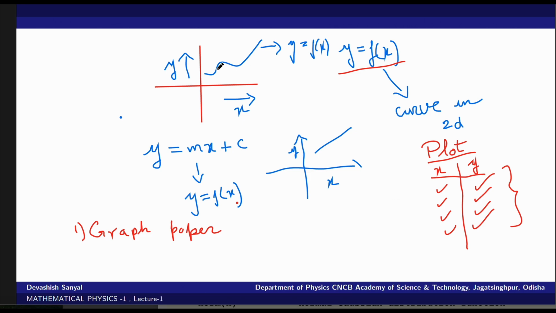You may get something like this. So you have got a plot. But nowadays we don't use graph paper, this is obsolete.